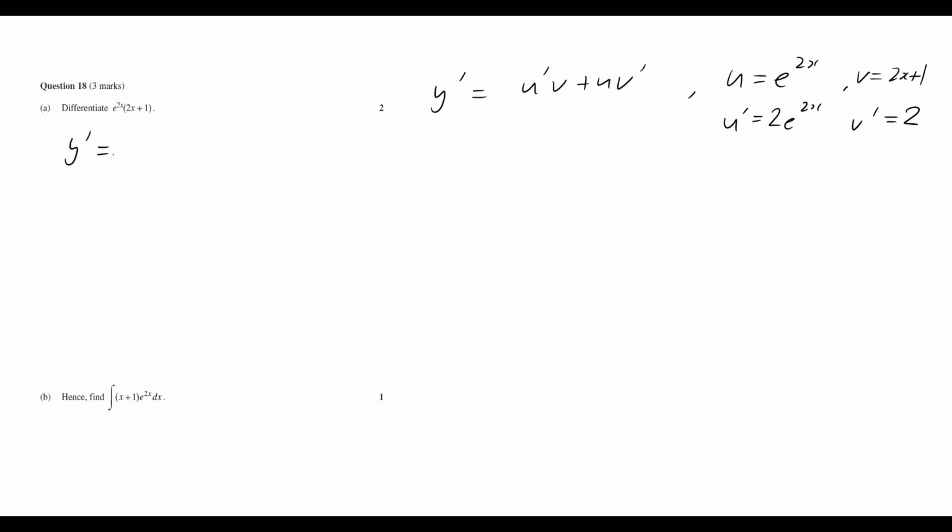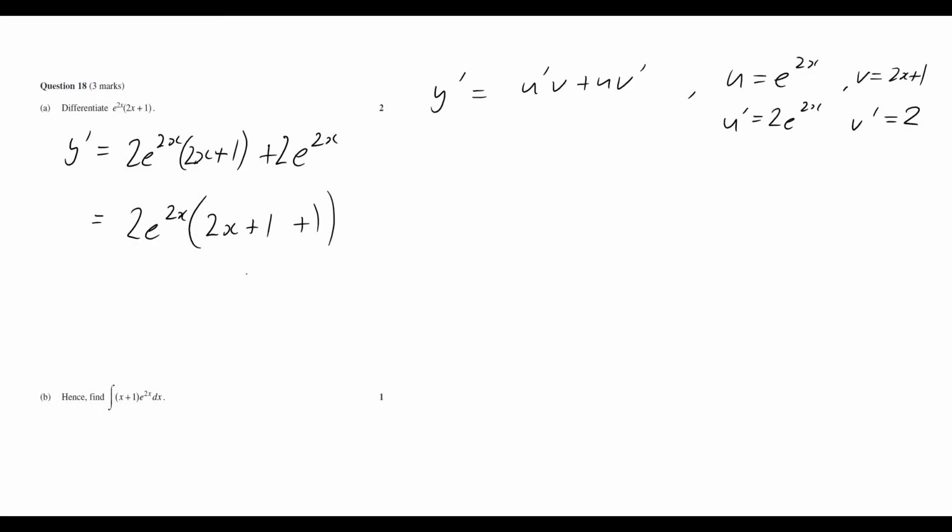So now subbing these values all back into that product rule equation, the derivative is going to be equal to 2e to the 2x times by v, which is 2x plus 1, and then plus u, which is e to the 2x times by v prime, which was 2. And what we recognize we can do now is take out the common factor of 2e to the 2x, and we can then rewrite this as 2e to the 2x times by 2x plus 1, and then plus 1 for that last term on the end.